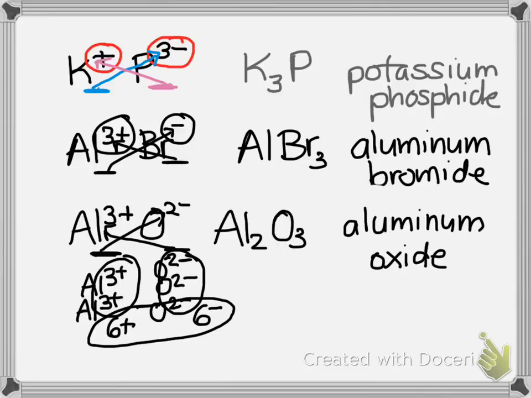Now, one thing that's important to remember: to get the formula you need to know the ions, or if you know the name, you need to know the ions. The only way to get the formula of ionic compounds is you need to know the ions. I'm going to write that down right here.